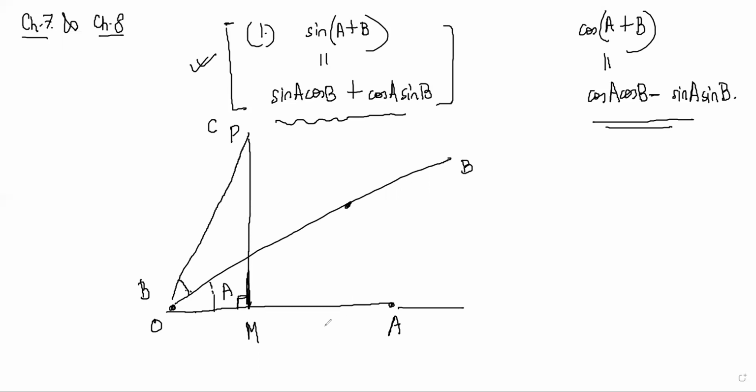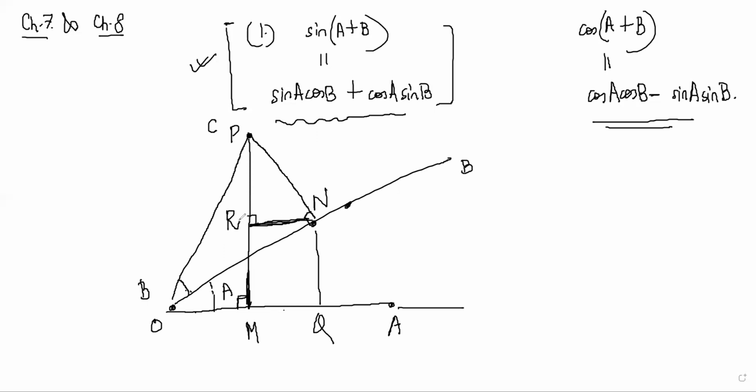But before you do that, drop a perpendicular from P only to OB. Basically, from P you are dropping two perpendiculars, one on OA, one on OB. And from that point, let's call this point N, drop a perpendicular here, this is Q. And make a line parallel to OA through N, like this, a parallel line. So that means that if this line and this line are parallel, this is also 90, right? And this is my R.